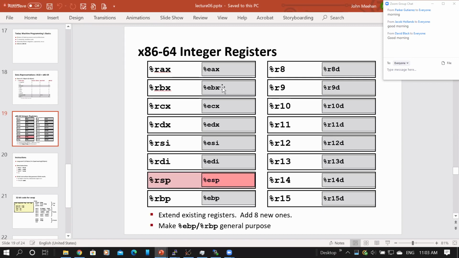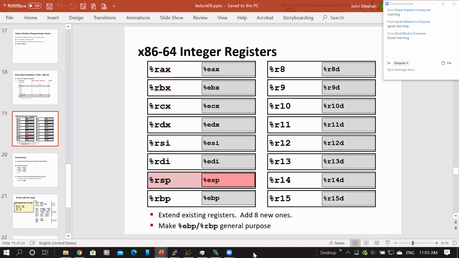So anytime I do a 32-bit instruction loading one of these registers, it automatically zeroes out the rest of it over here in the 64-bit register. Other than that, you get the exact same behavior for your 32-bit code running on the 64-bit machine.